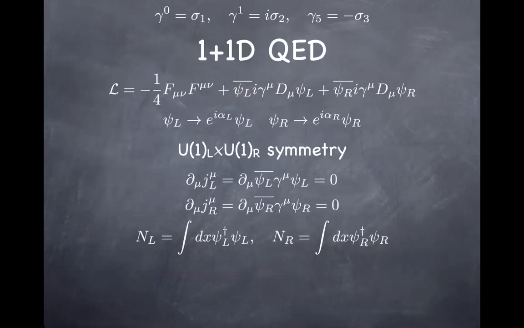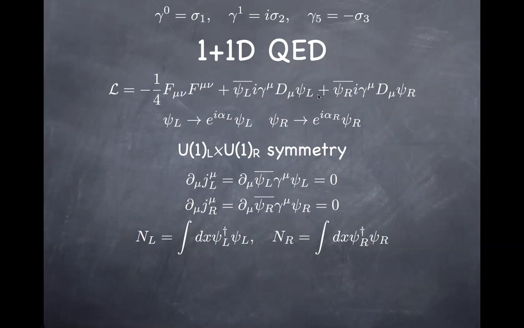And to discuss this, I'm following the book here. So we first go to 1 plus 1 dimensional QED because it's just a lot simpler to understand. In 1 plus 1 dimensional QED, the gauge theory is a U(1) gauge theory. And we have this kinetic term for the gauge field, and the kinetic term for the matter field. And psi left, psi right has charge e.